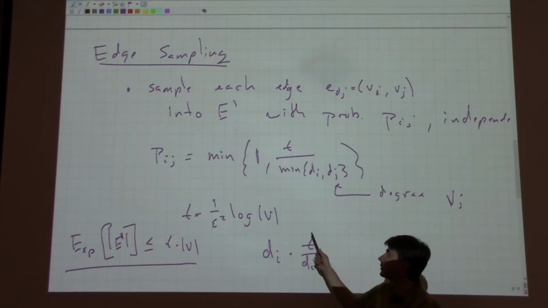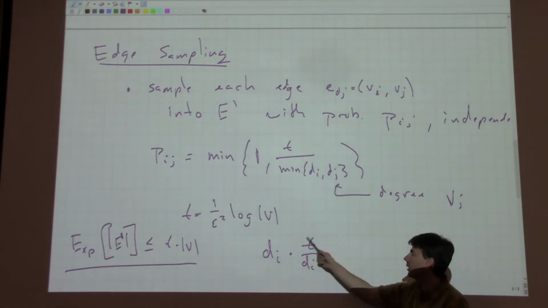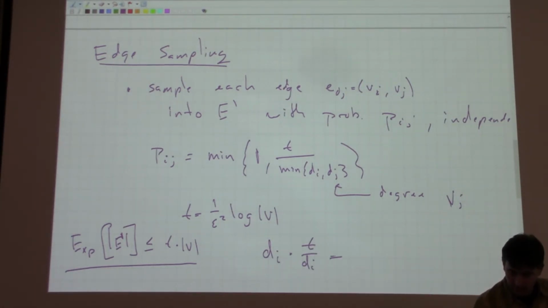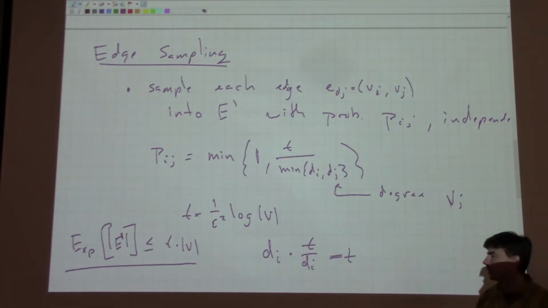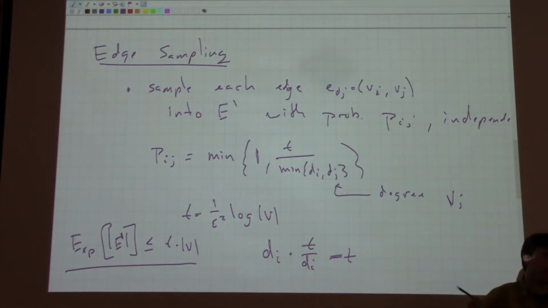Unless it's 1, which is the case where I have less than t edges, otherwise I keep it with this probability, and so this is equal to t. So the expected number of edges per vertex that have been assigned to it is going to be at most t.